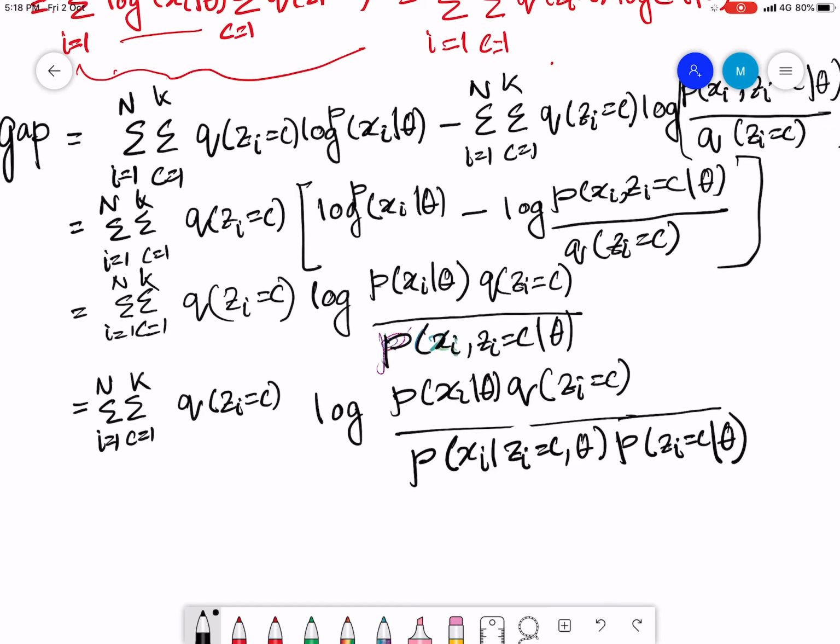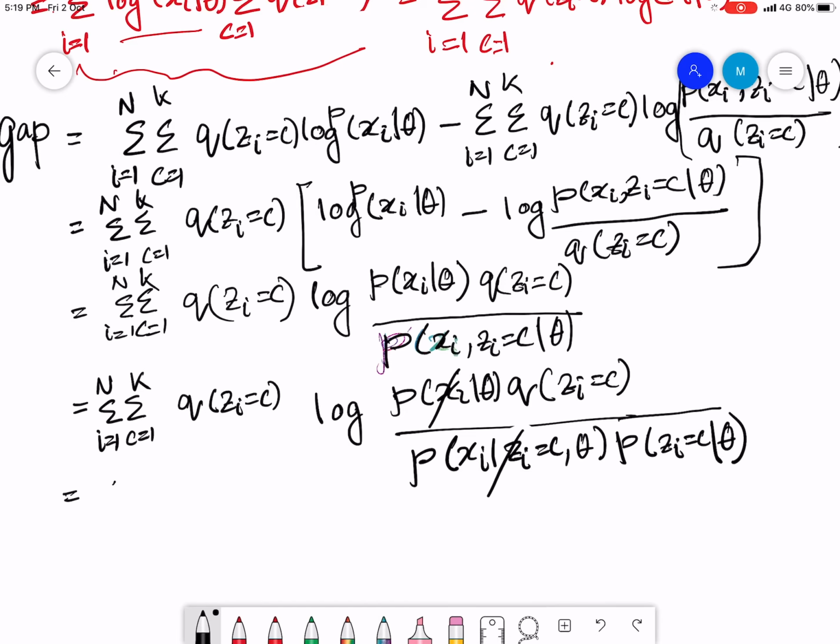Okay, so you see that this quantity, z_i given c. So if we assume z and theta to be independent, this quantity and this quantity are the same.